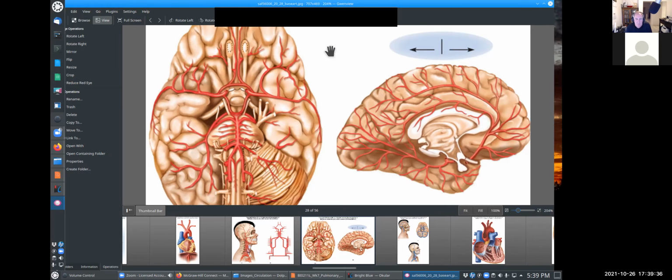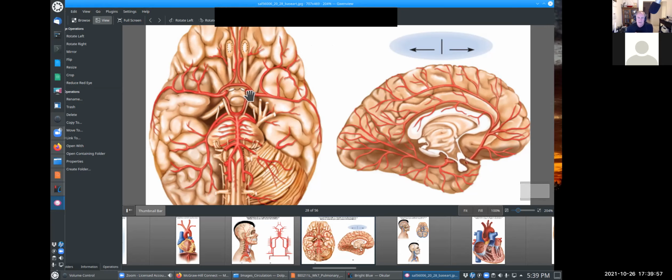The carotid, the superior, and then inferior, right? No. What we're talking about is three main arteries that come into this circle right here.